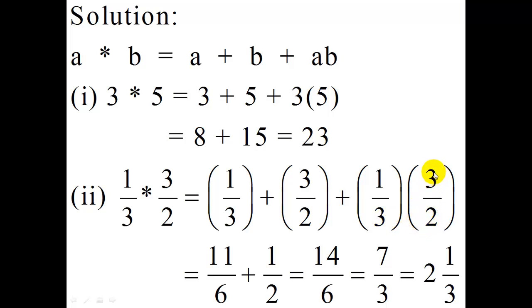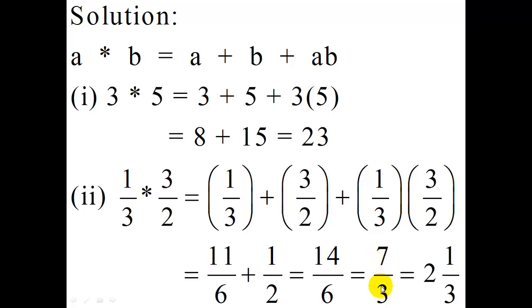You can see that 3 can cancel 3, and therefore we are left with 1/2. So we have 11/6 plus 1/2, and this is equal to 14/6. 2 goes into 14 7 times, and 2 goes into 6 3 times. So we have 7/3.